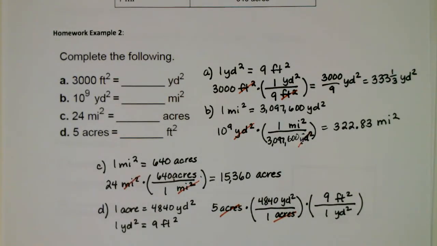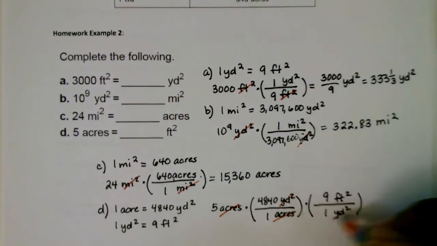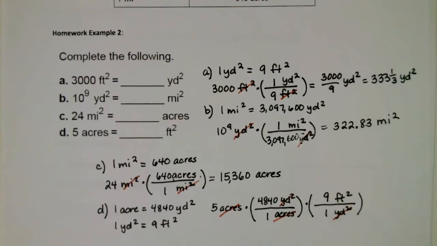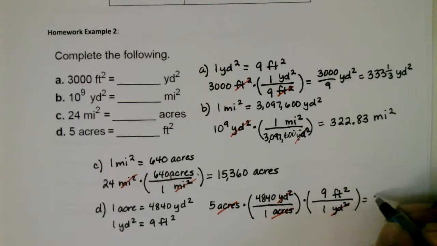So now the square yards divides out. You're only left with an answer that's in square feet. So if I do 5 times 4,840 times 9, this will be 217,800 square feet.